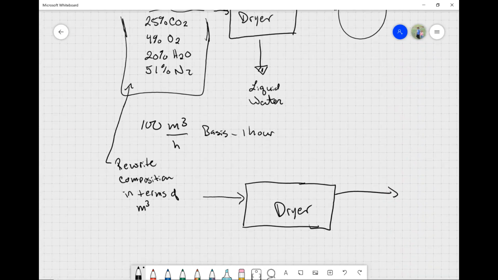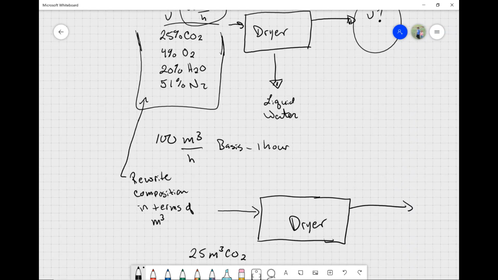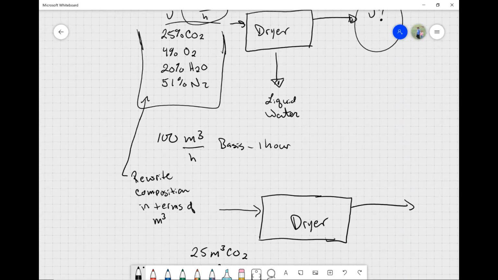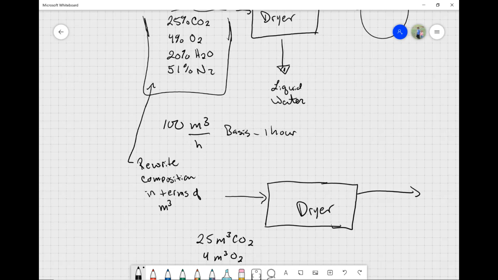So now we can say we have 25 cubic meters, 4 cubic meters, 20 cubic meters, and 51 cubic meters of nitrogen.